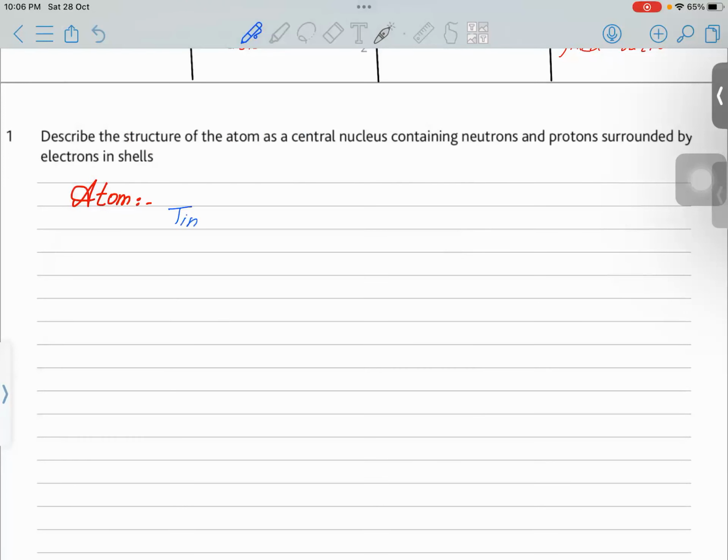Okay. So first, what is atom? Tiny, indivisible particle of any substance.